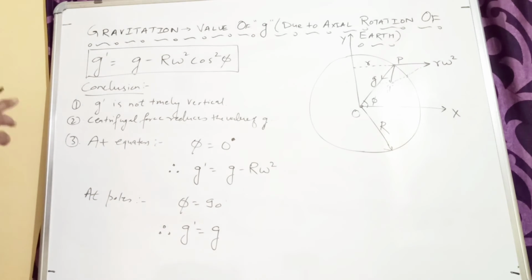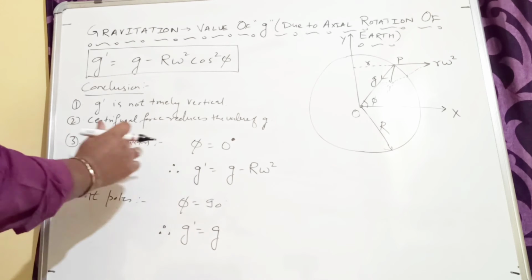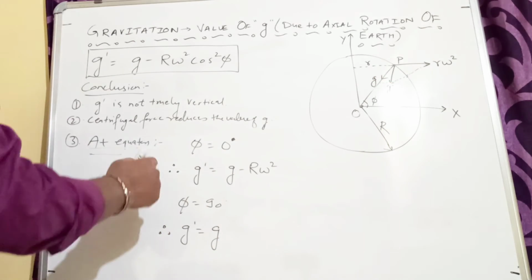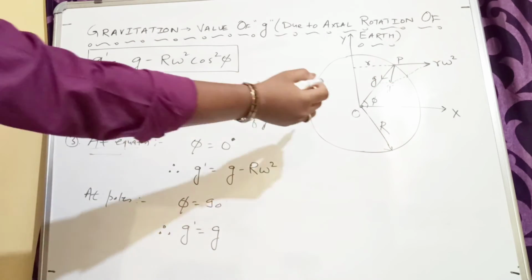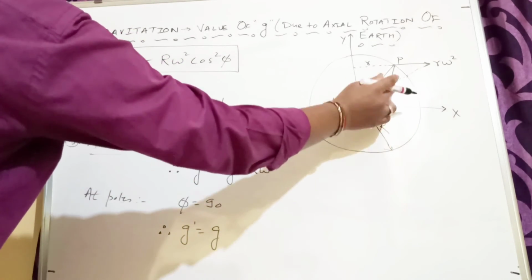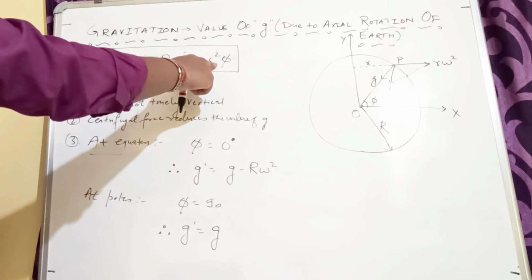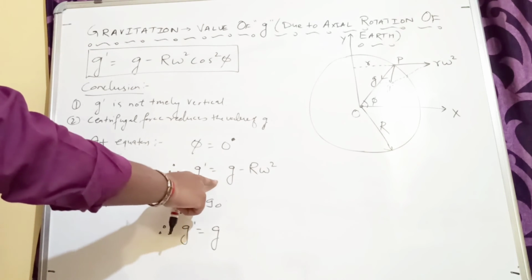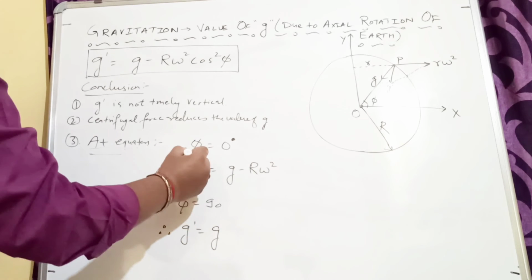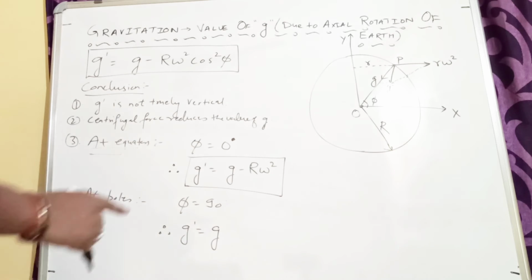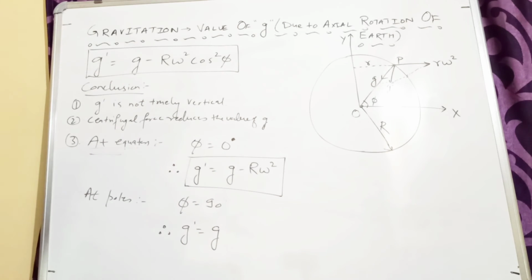Clear? Third conclusion is the value of g at the equator. You know the equator is this position, so at the equator phi will be 0. When we put phi equal to 0 in this equation, g dash will be equal to g minus R omega square. This is the value of g at the equator.